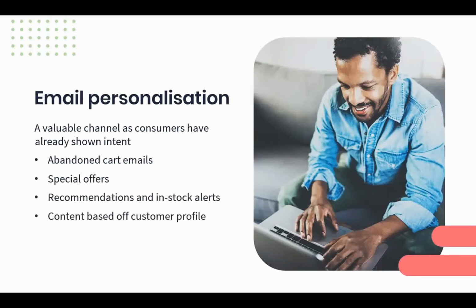Remember that all of these options will be available to you within the chosen email marketing platform. If using dynamic personalization, then you would need to implement additional tracking and feeds, just like with the other options.